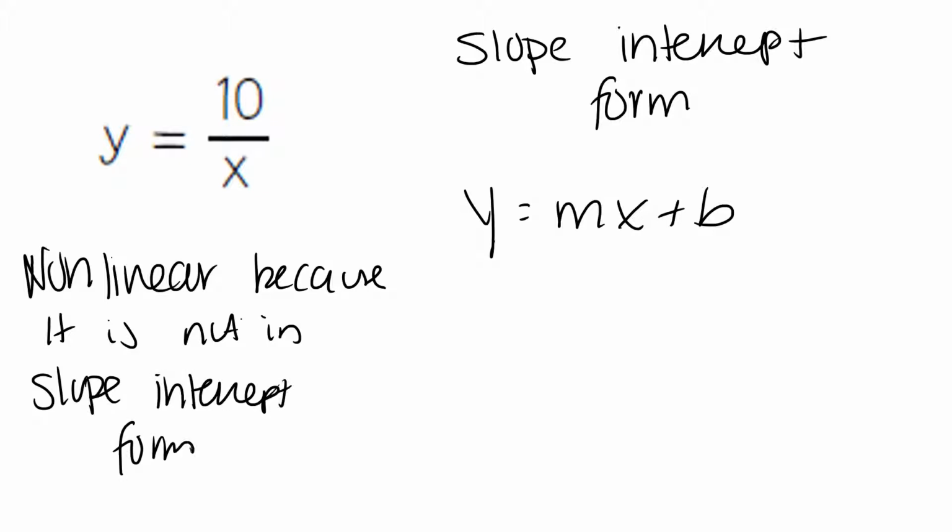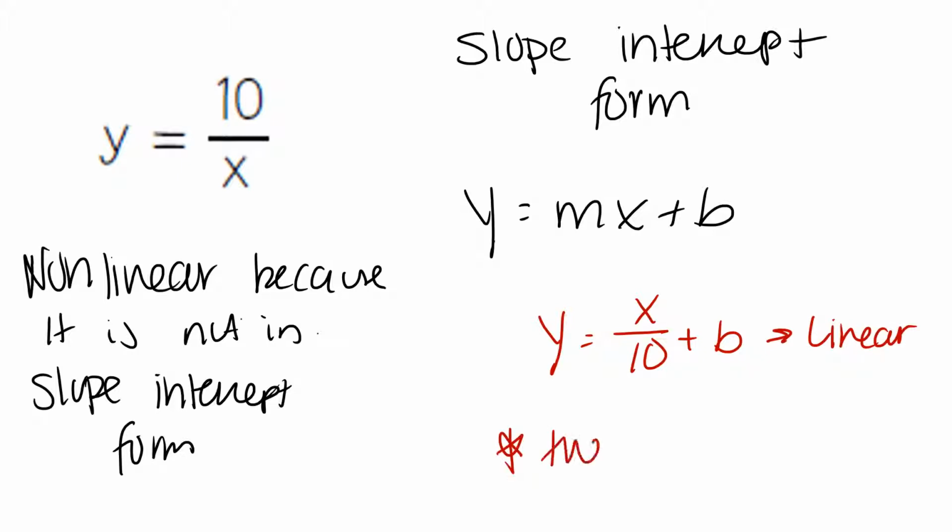It does not follow the y equals mx plus b. The y equals is in the correct spot in the beginning, but the x is on the bottom of a fraction, and there is no fraction in the y equals mx plus b. If it was reversed, y equals x over 10 plus b, that would be linear. The x cannot be on the bottom.